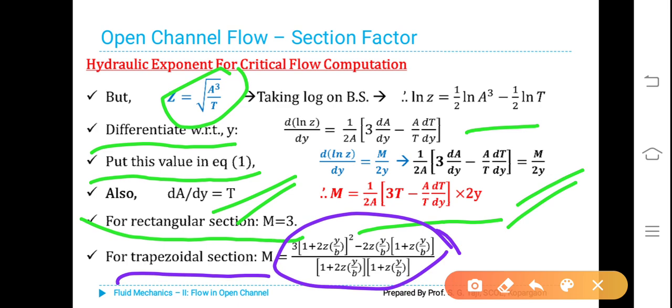So this big equation, you have to practice at home, you will get it.